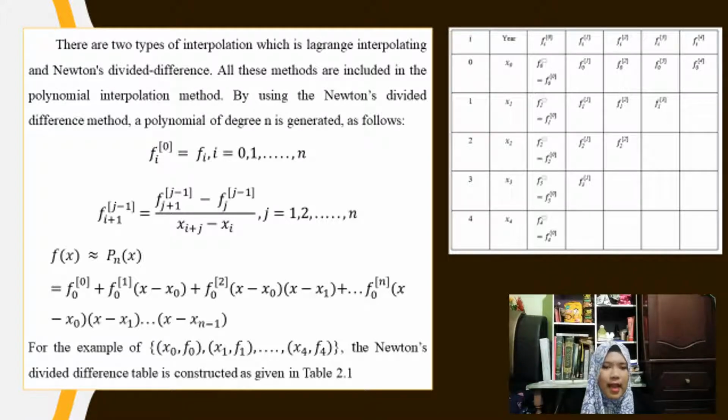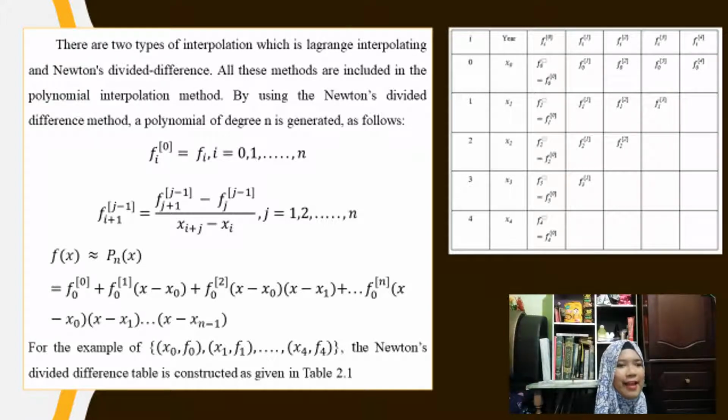We can see this equation in this video. For the example of x0, f0, x1, f1, until x4, f4, the Newton divided difference table is constructed as given in Table 2.1.